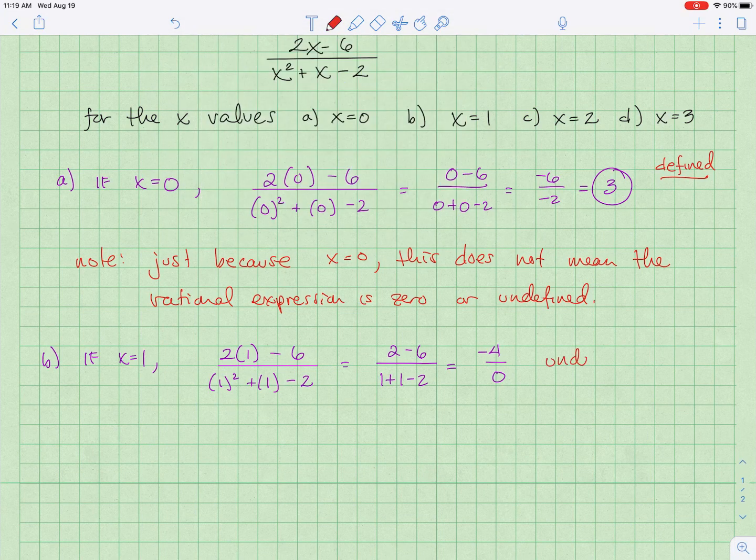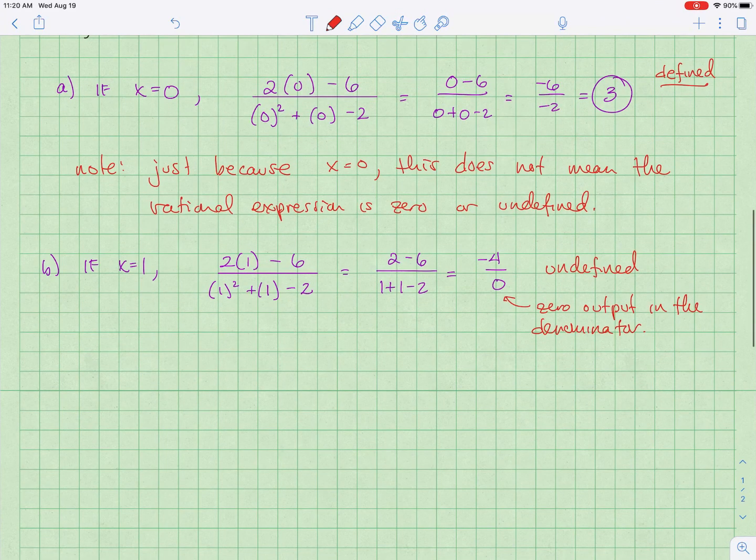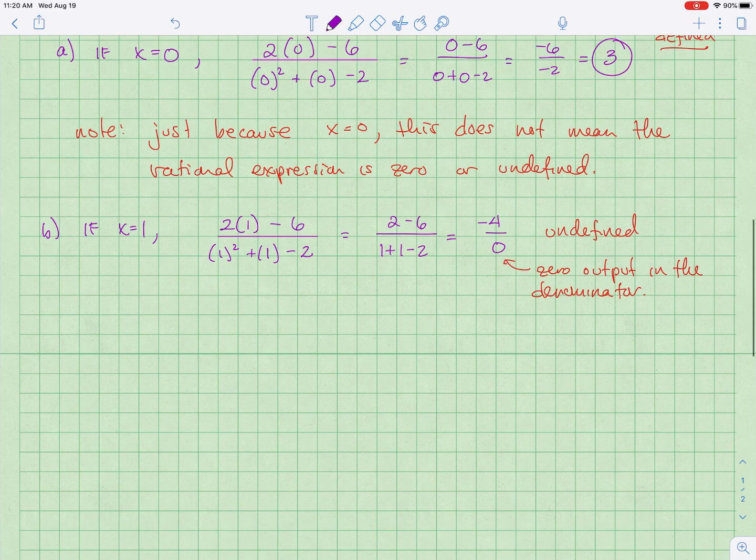So this is undefined. We have a 0 output in the denominator. Okay, well, maybe that's straightforward. Hopefully you'll take that at face value and not look too deeply into that. If the denominator is 0, it's undefined, and that's all we were looking to illustrate here.